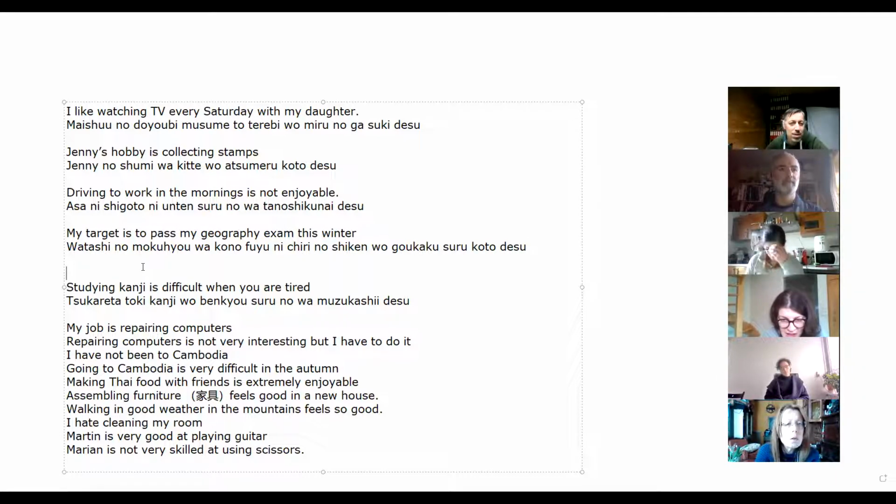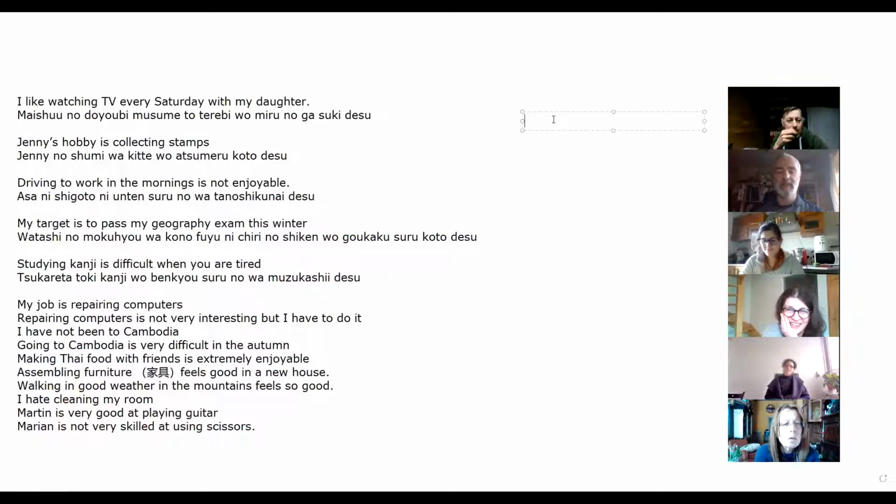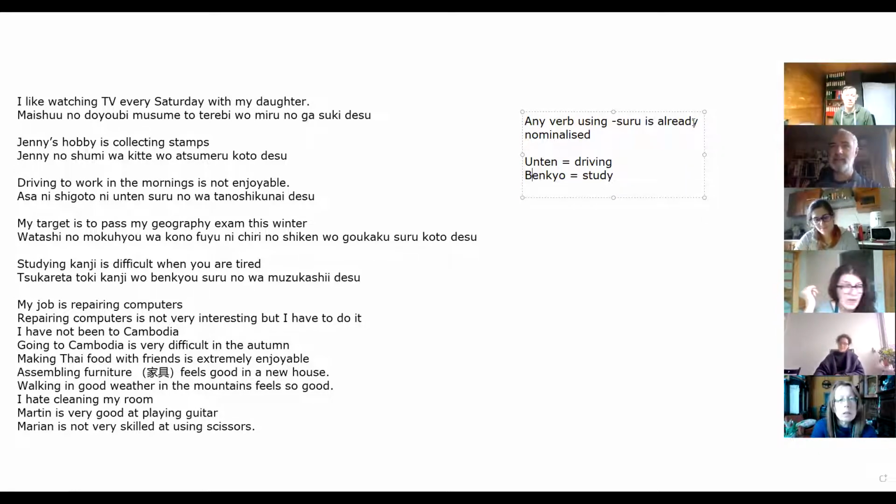Excellent, well done. Guys, I should probably just mention, as a little side point, that any verb using suru is already, what do you think I'm going to say? Nominalized. Yeah, already nominalized. So actually, unten means driving. Benkyou means study, study as a noun or a nominalized verb.